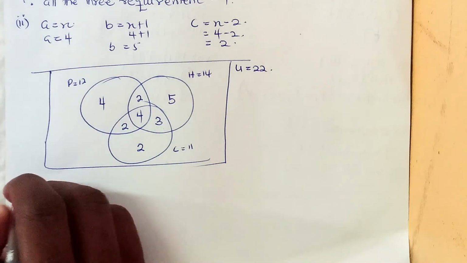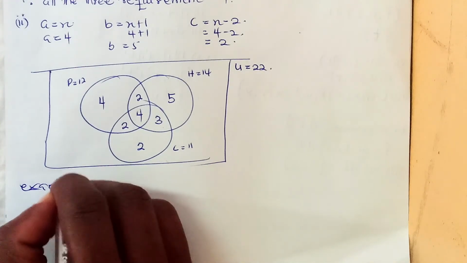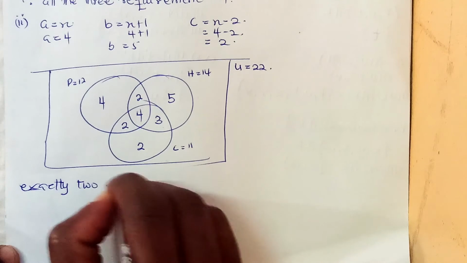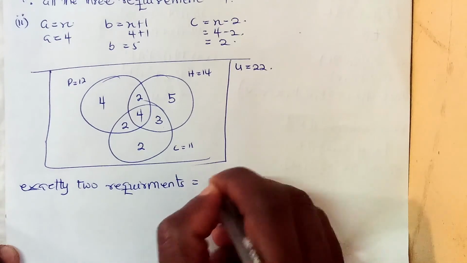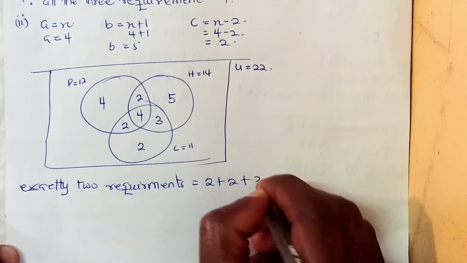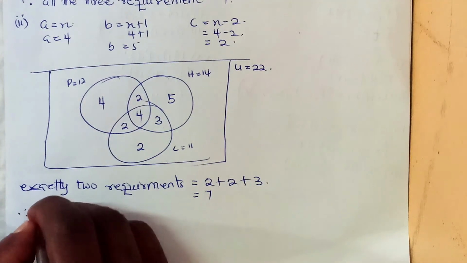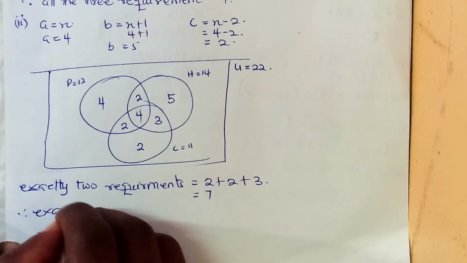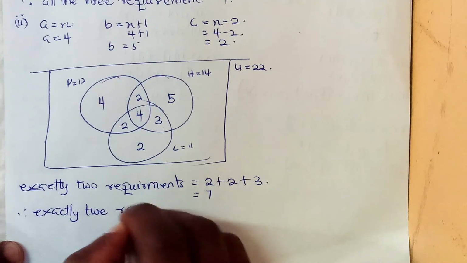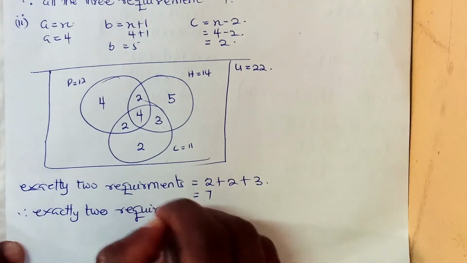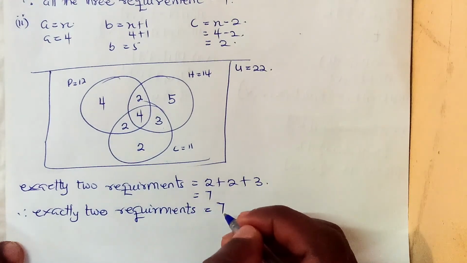So exactly 2 requirements equals 2 plus 2 plus 3, which gives us 7. So therefore, the number of people that have exactly 2 requirements is equal to 7.